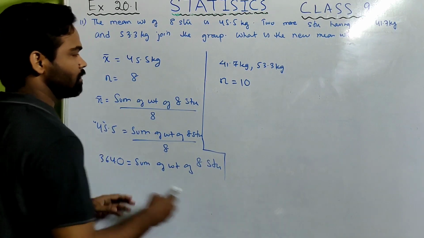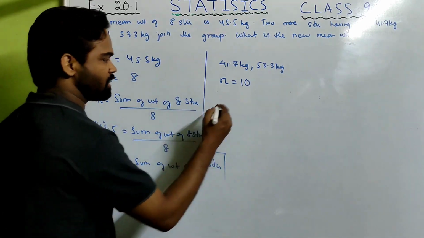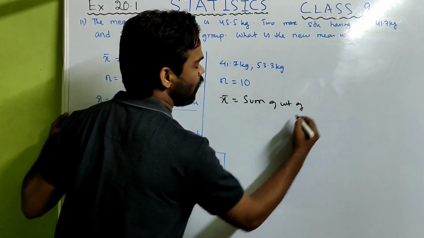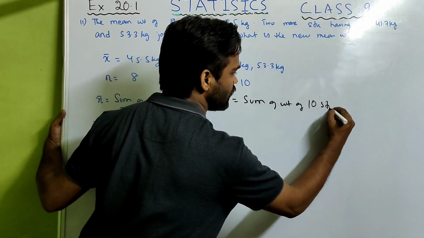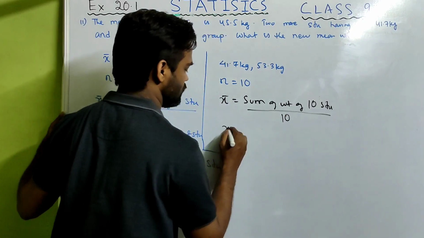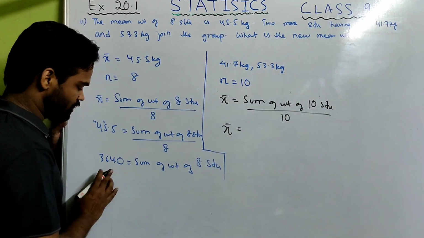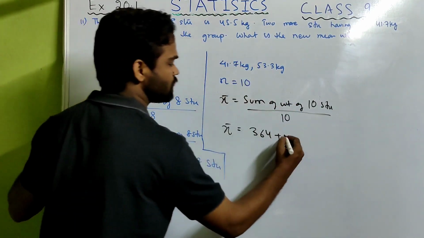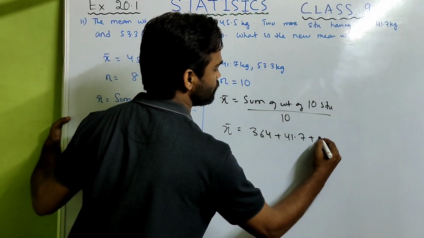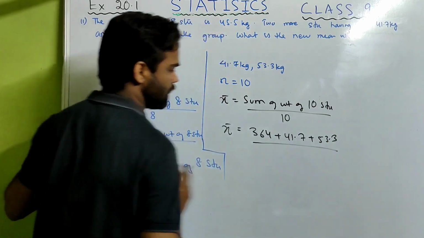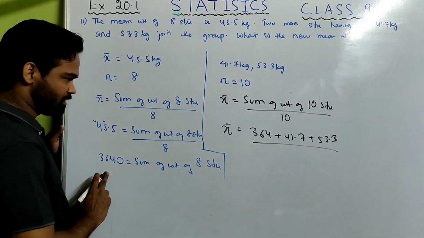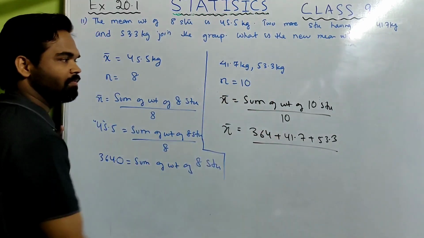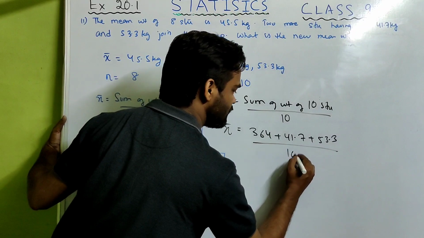Now look carefully. In this scenario, when the number of students is 10, mean equals sum of weight of 10 students by 10. Now, sum of weight of 8 students I know is 364, and 2 students are this, so I'll add it, isn't it? 8 students together weigh this much, 2 of them are this, so when you add this and these 2, that will be the weight of 10 students, divided by 10.